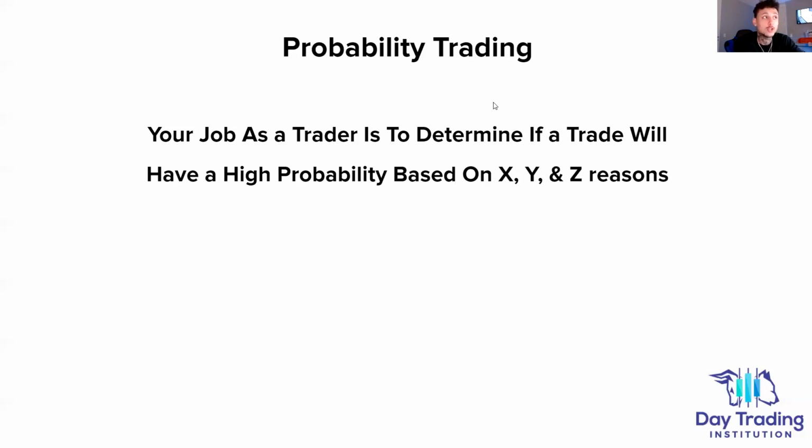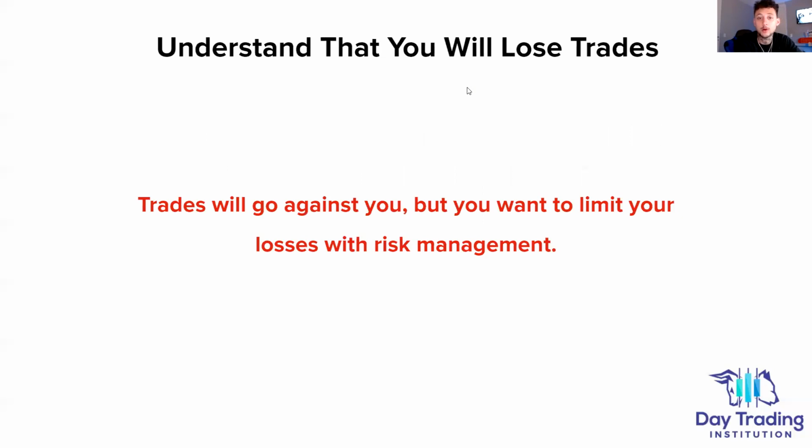Again, your job as a trader is to determine if that trade has a higher probability of actually playing out in your favor. And this is something that's determined by your own technical analysis. And you can obviously add things later on, like if you want to add fundamental analysis, but typically we're going to be basing our probability off of our own technical analysis and what we see that could play out in the market.